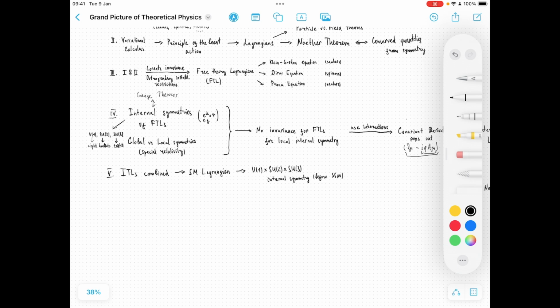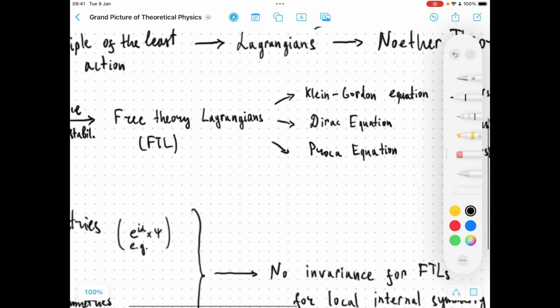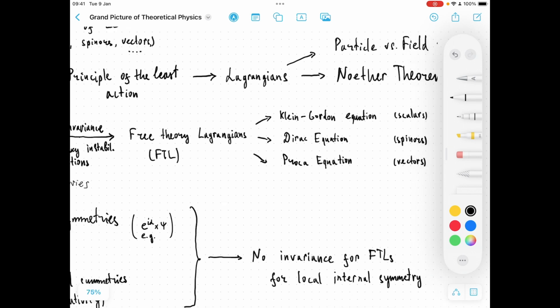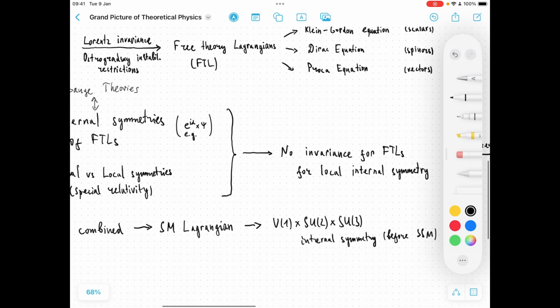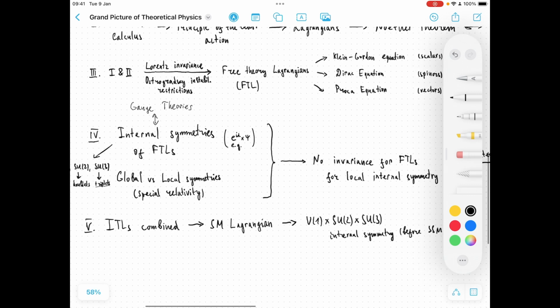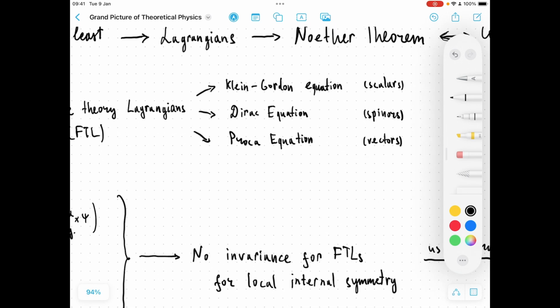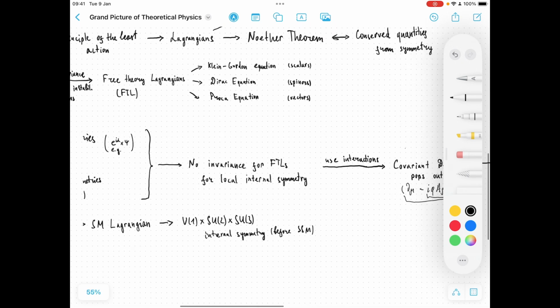What else? In some sense, this is where we are getting to QFT. We have free quantum field theories coming up from the free theory Lagrangians here. And if we introduce some interaction terms, then we will come up with them from the gauge theories. We will obtain other, probably non-homogeneous equations, having some charges in them.